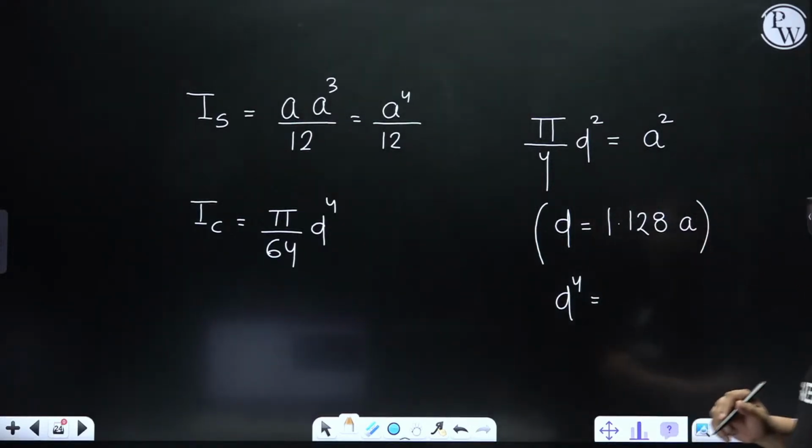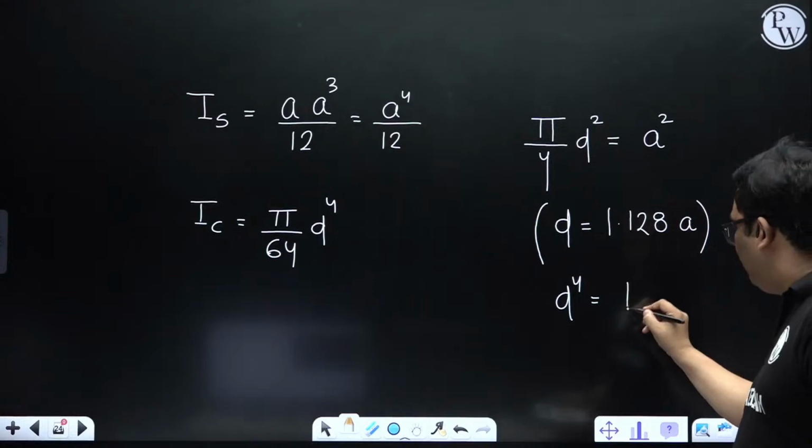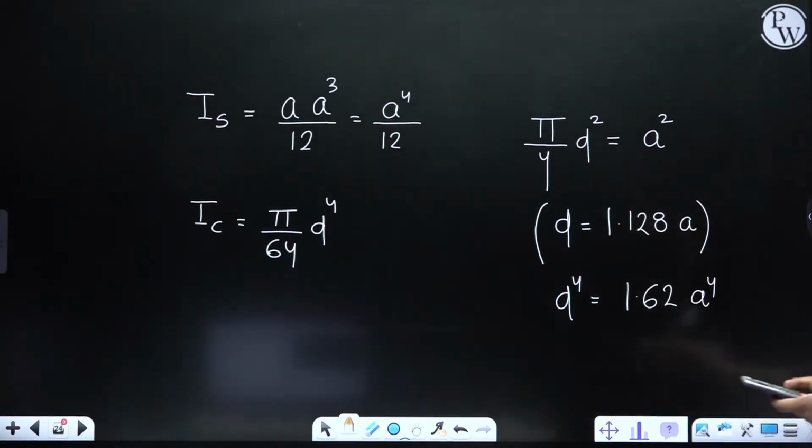D to the power 4 I can write down as 1.128 to the power 4, which is approximately 1.62 A to the power 4.